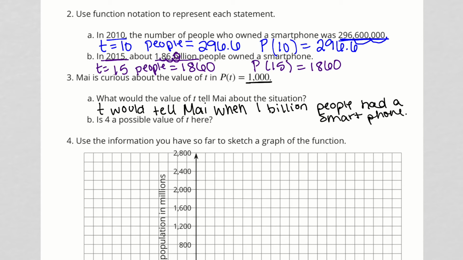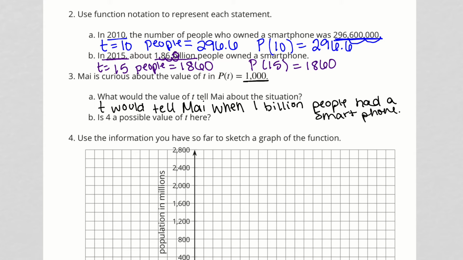Okay, is 2004 a possible value of T here? If I look up at, well, let's just look on this page because we had some on the other page too. When T was 10, how much did we have? 296.6 million. So could we have had 1 billion people having a smartphone in 2004 if we didn't even have 1 billion in 2010?